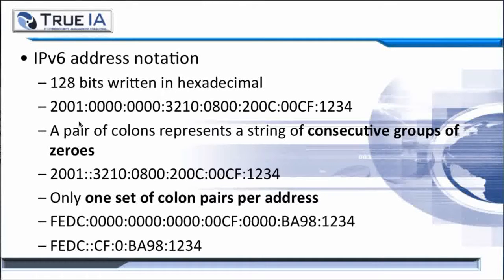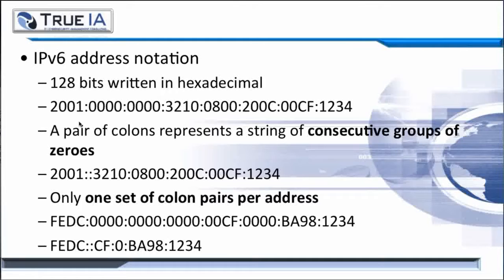So it all starts with identification. How do you know that you're dealing with an IPv4 address or an IPv6? Well, you can tell from the colons. IPv6 address notation is 128 bits written in hexadecimal notation. A pair of colons represents a string of consecutive groups of zeros.